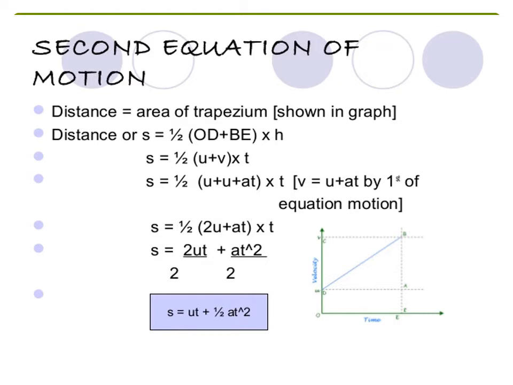So AE into OE plus half into AB into DA. Then S equals, what is AE? AE is U and OE is T. So S equals UT plus half AT square. This is the second equation of motion.